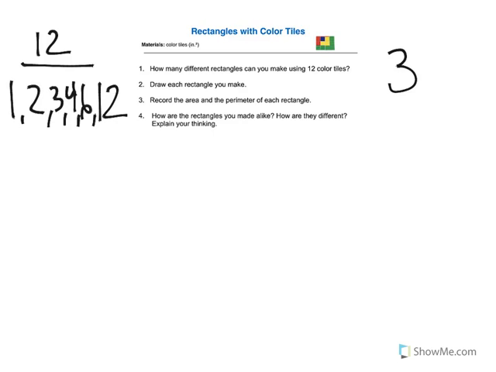So those are our factors of 12. And because there are 3 sets of factors, we can make 3 different types of rectangles. So let's see.